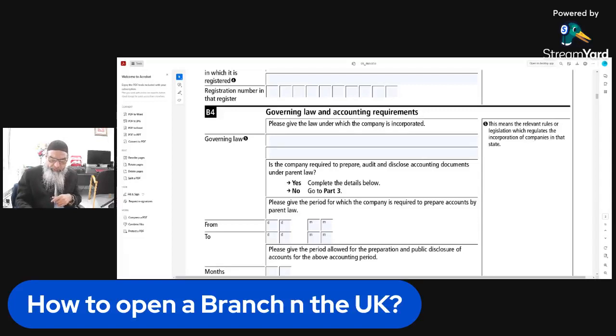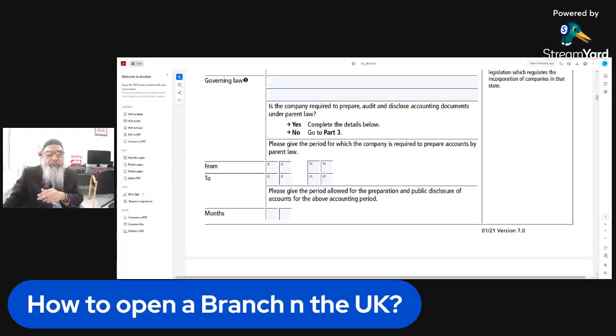If that parent business is required to prepare the accounts, conduct audit and do the disclosure, then you are supposed to state here yes or no, as the case may be. Then please give the period for which the company is required to prepare accounts by parent law. This is again talking about the parent business in their home country. So this is the starting date of the year and the closing date of the year.